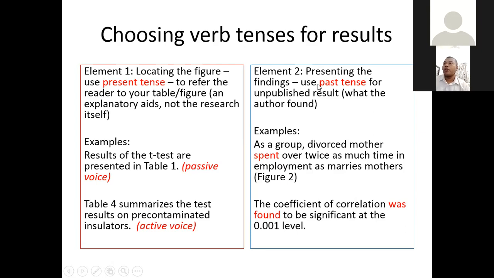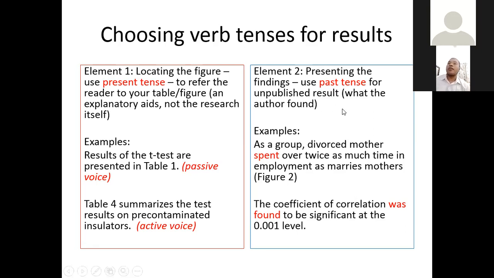Okay, element 2 must use past tense. Always use past tense for element 2 because that is your data, right? Your data means that you found it, you are not in the searching process anymore. You already found the data. That's why it should be in past tense.